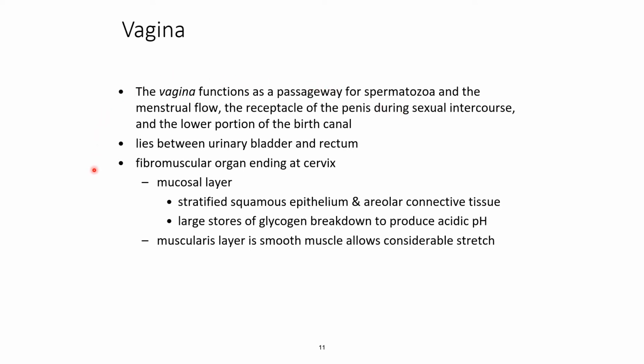Vagina is the place of sperm deposition, and maybe the most important aspect here is the normal acidic pH. This is brought about by a particular set of bacteria colonizing the vagina.